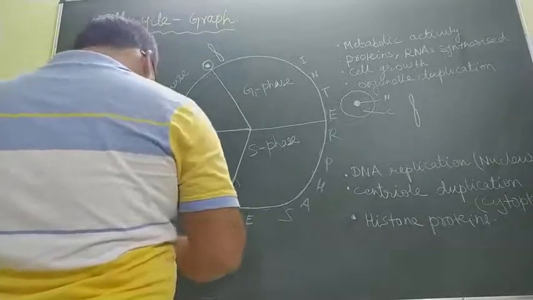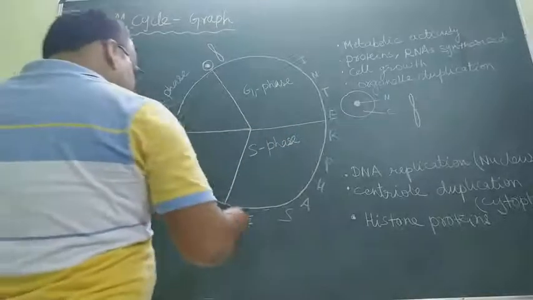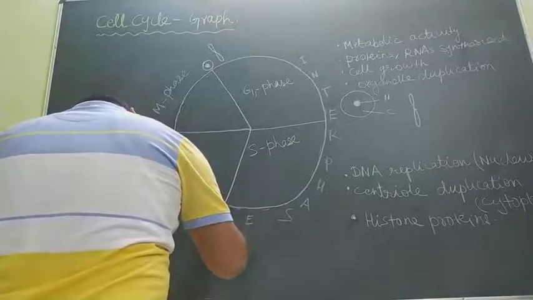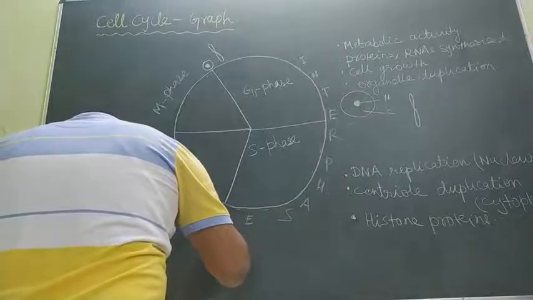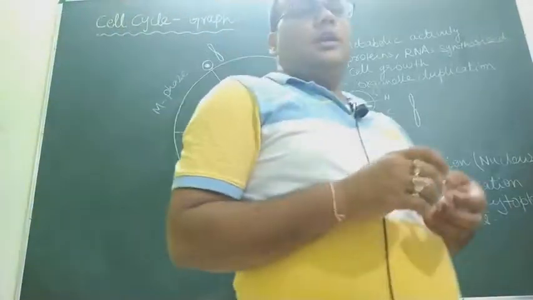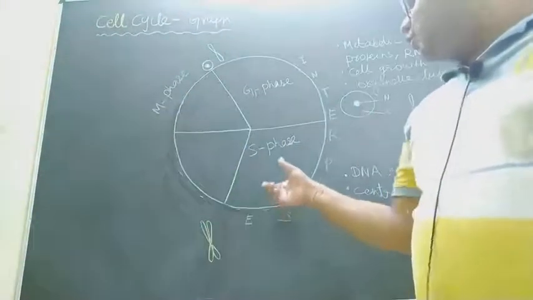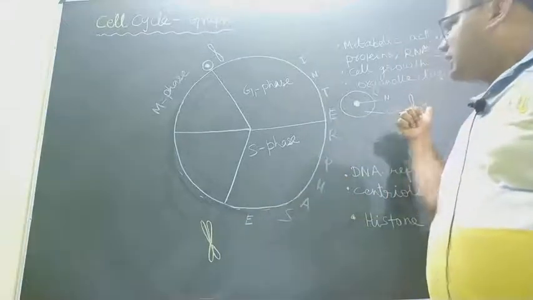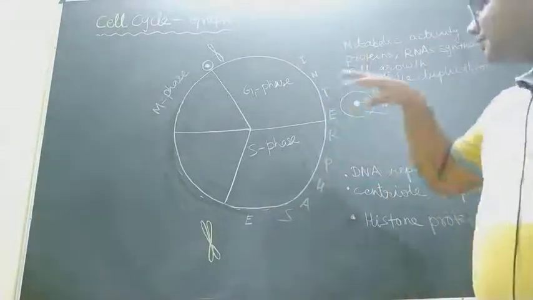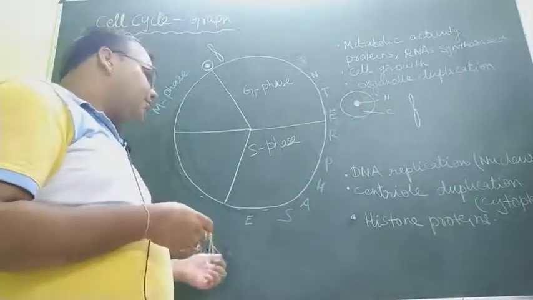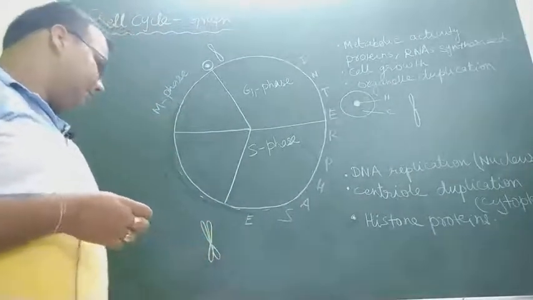It is a single chromatid, and after DNA replication the same amount of DNA is synthesized in the form of a second chromatid. So after DNA replication the chromosome becomes two chromatids, twice as much DNA as compared to G1 phase or after M phase. Half of the DNA is replicated DNA and half is parental DNA.